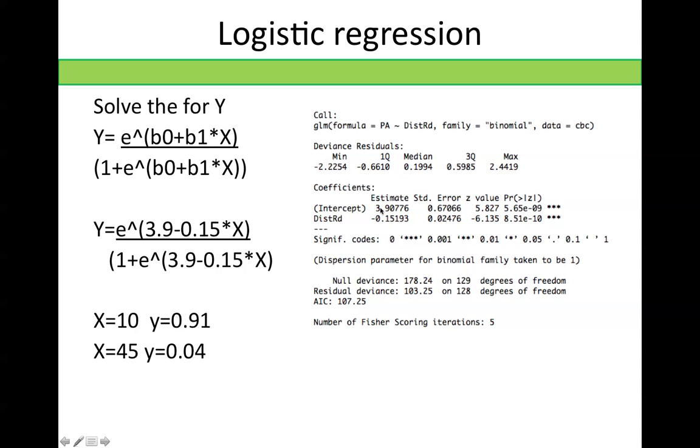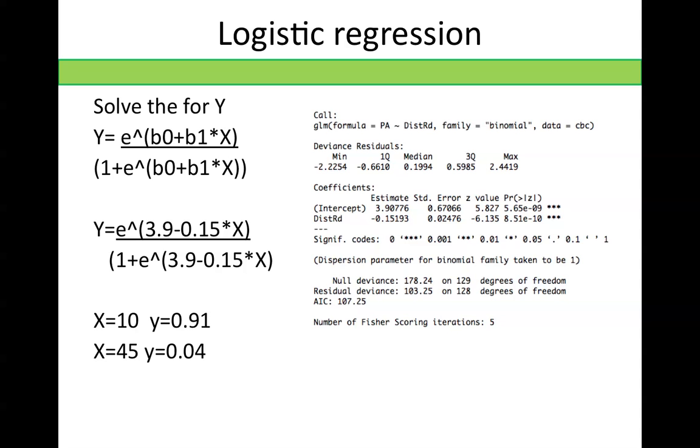So here we have our values from our model output, and we have the intercept of 3.9, our beta 0, which we entered here, and then minus 0.15 multiplied by our x. So if we wanted to solve for specific values of x, we can do that just by plugging in the beta coefficients and seeing what the value of y will be. So here, if we had an x equal to 0, the value of y is equal to 0.91.